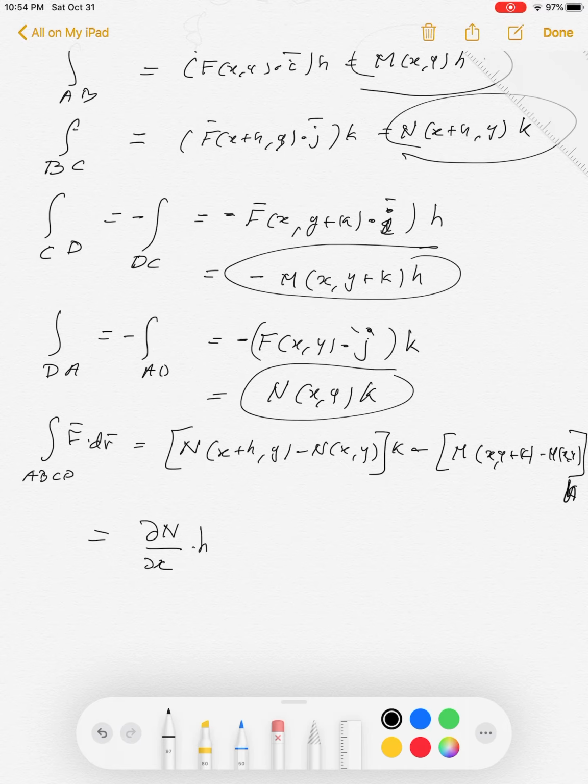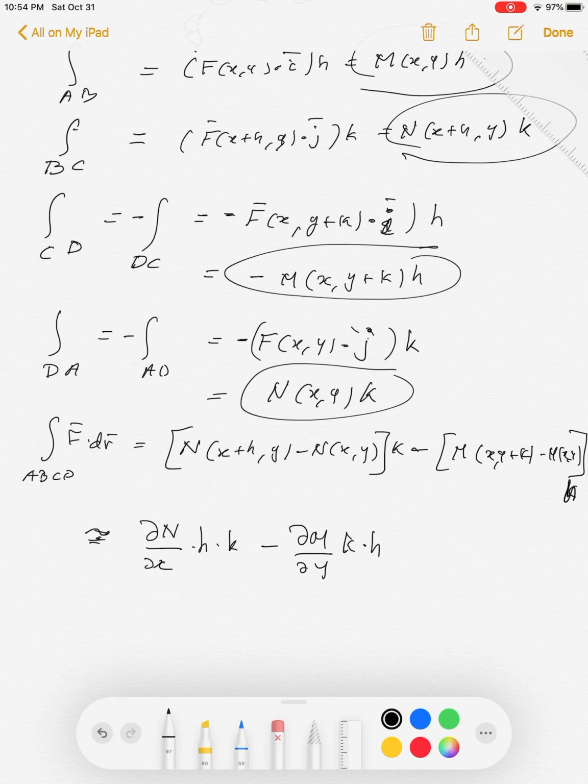By the mean value theorem, this is approximately dN/dx times h times k minus dM/dy times k times h. The approximation becomes exact in the limit when h and k tend to 0, since the error term tends to 0.